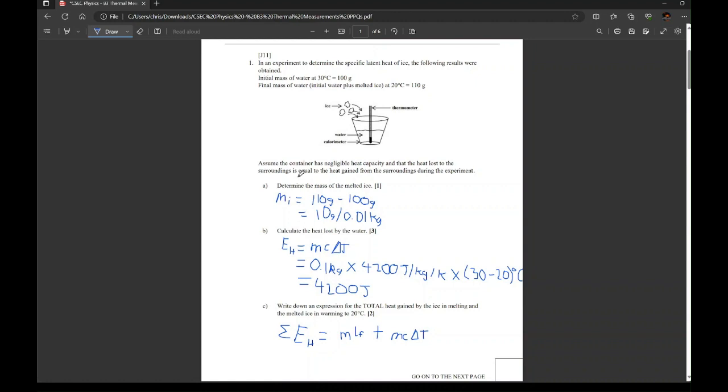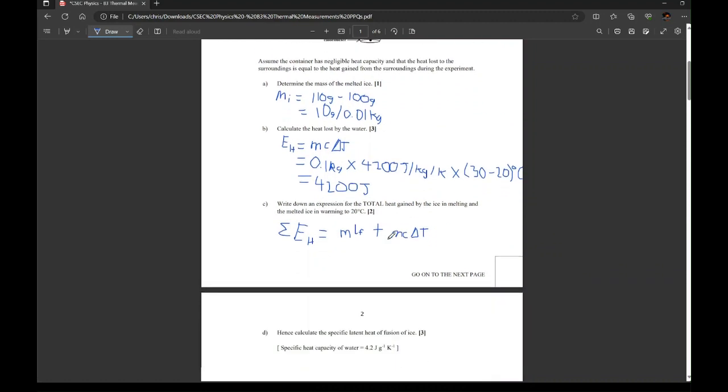So because of that, and because of the law of conservation of energy, which of course states that energy cannot be created nor destroyed, if the water loses energy and the ice gains energy, then all of the energy from the water must go to the ice, right? Because the energy must be conserved.